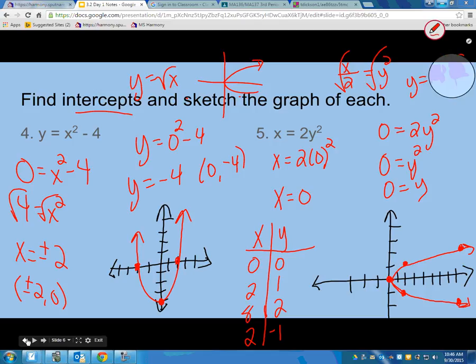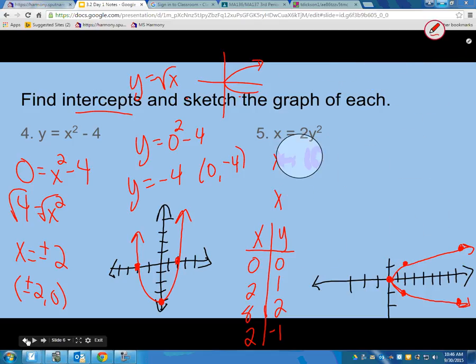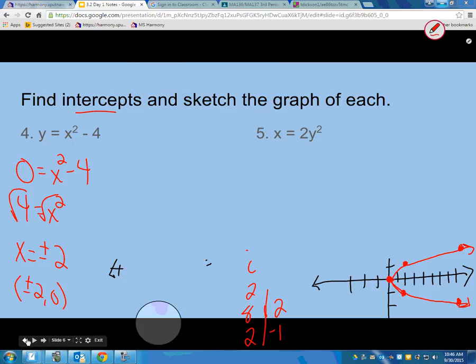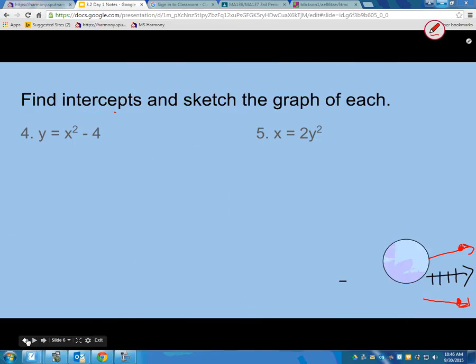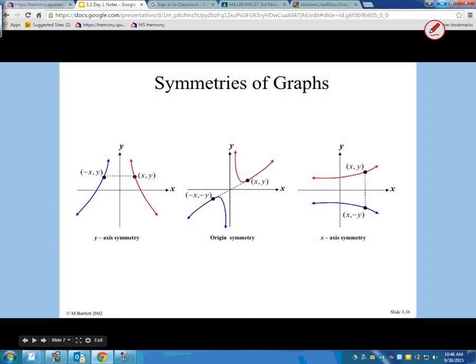So I have a lovely picture for you that I Googled and found for you. A picture about symmetry. Inappropriate? No, is it math? Oh, look at this lovely symmetry. I need a screen shade, but there's no screen shade.